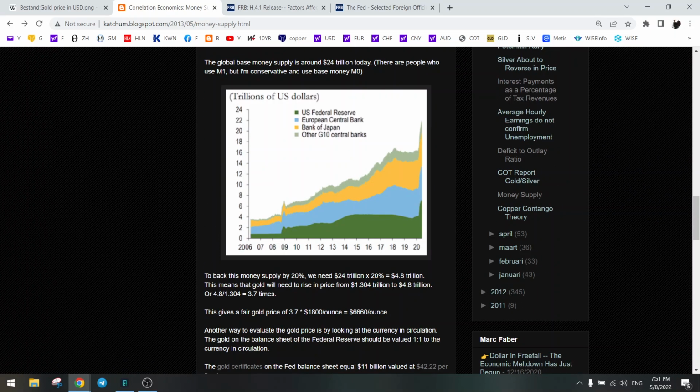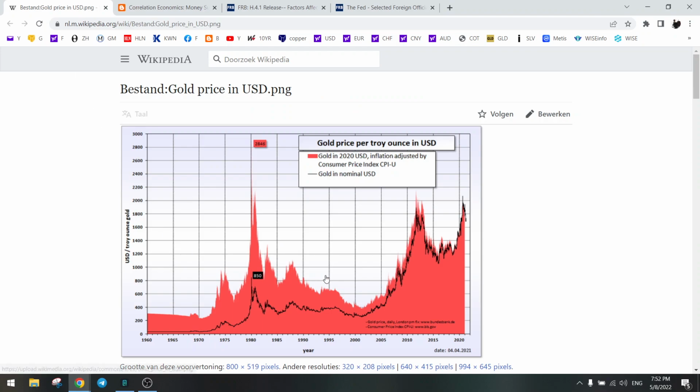So we need to go times 3.7 to go from here to here. So that means that gold price should be around 7,000 per ounce. Okay. So that's the first calculation. This chart should go to $7,000. So this is the first valuation. You know that gold is going higher.